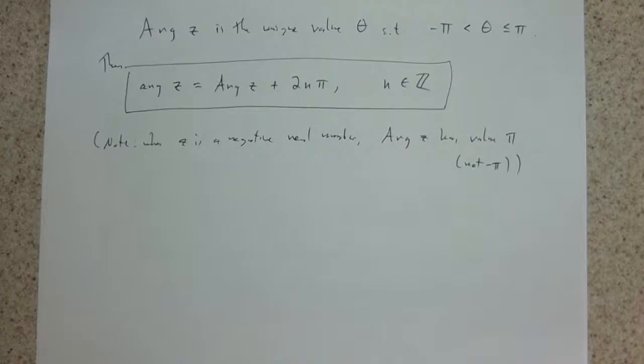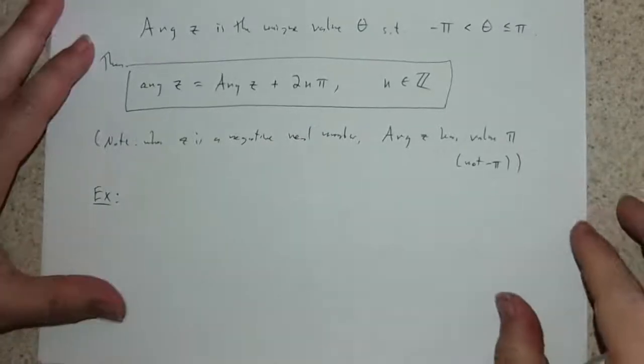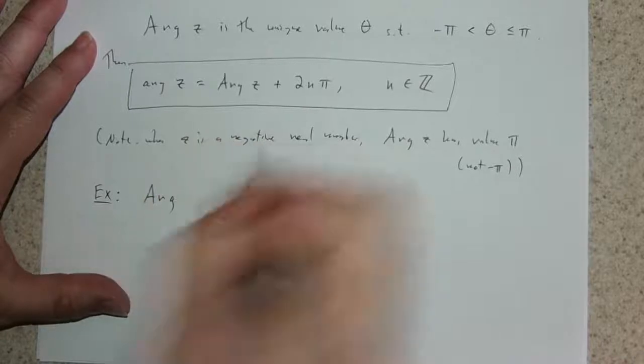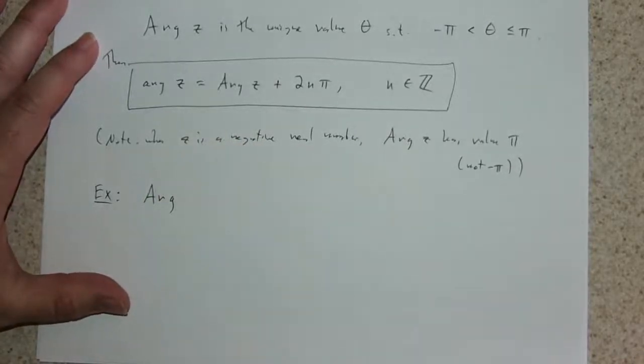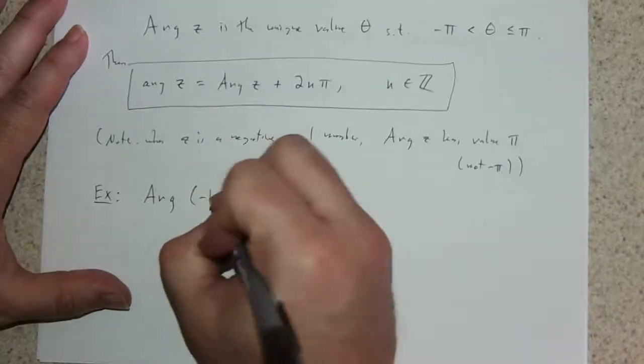Okay, so I'm going to do one example, and then I'll pick up here tomorrow. So let's do a quick example of argument here. Let's compute the argument of minus 1 minus i.